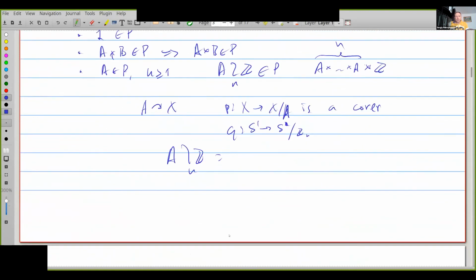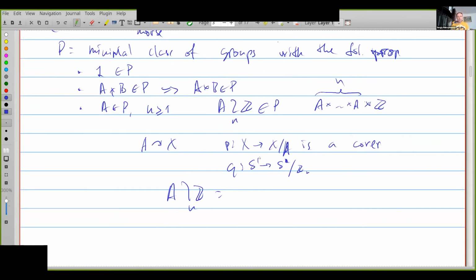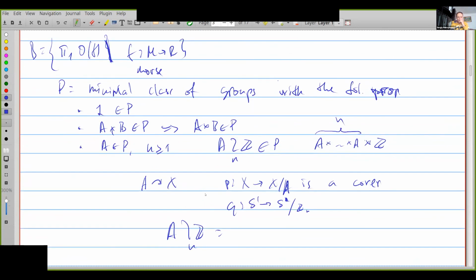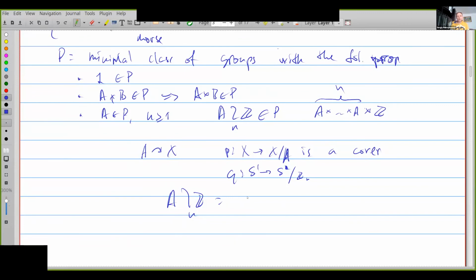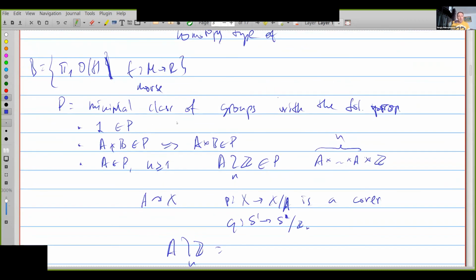This action appears from the boundary map of the homotopy groups of this covering map. And the statement is that B, the class of these fundamental groups, is contained in P.